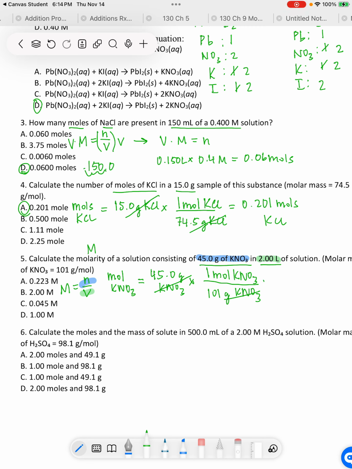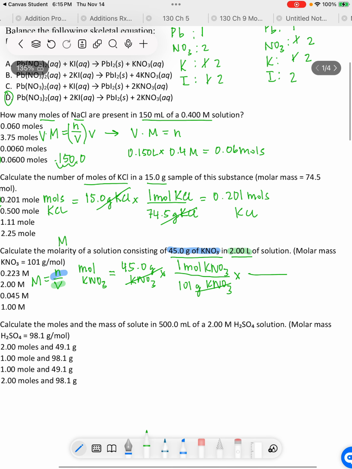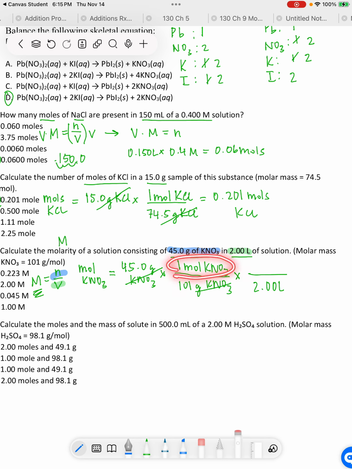And one thing that we can do here is we can also find, we're trying to find molarity, right? We need molarity. We're given 2 liters of solution, and we know that our equation is moles over volume. So we can actually put 2 liters on the bottom. Now we have moles on top and liters on bottom.